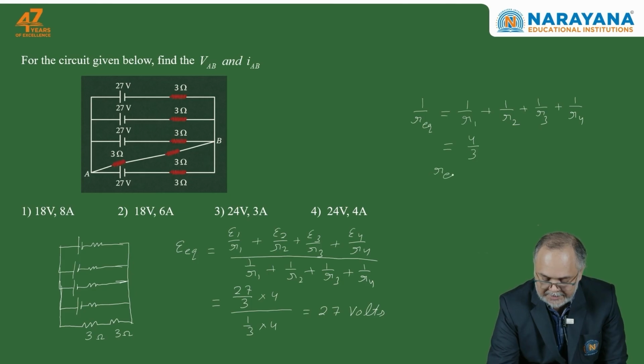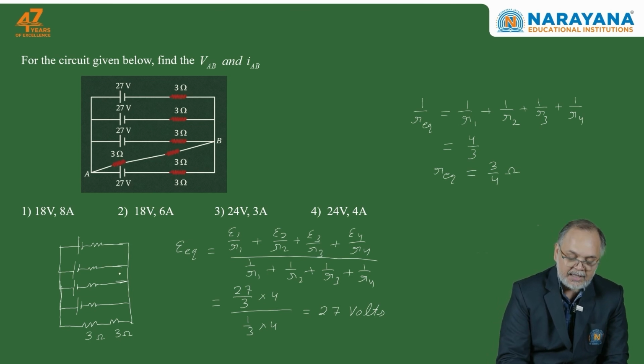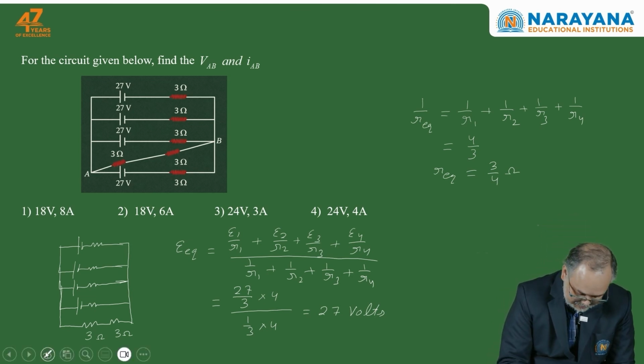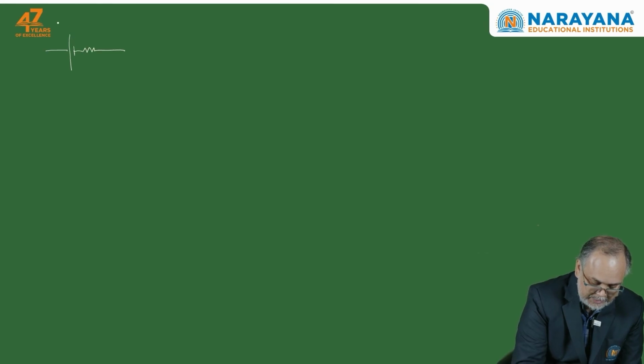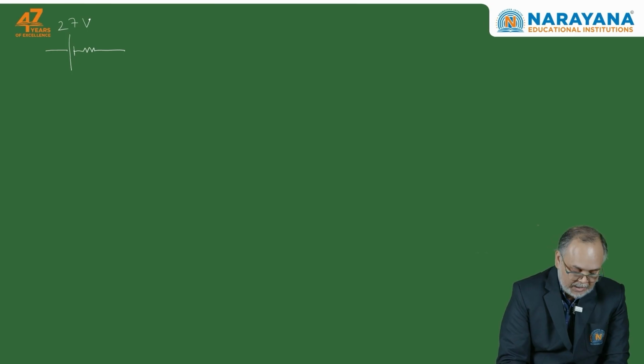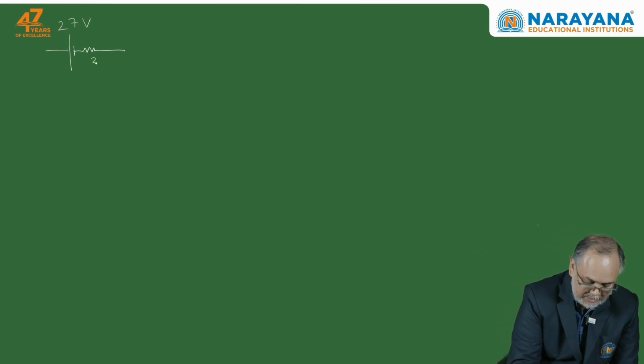So R equivalent is 3 by 4 ohms. So all these cells here we can replace with a single cell. So we can draw the single cell over here. You can see here EMF 27 volts and R equivalent, that is 3 by 4 ohms.